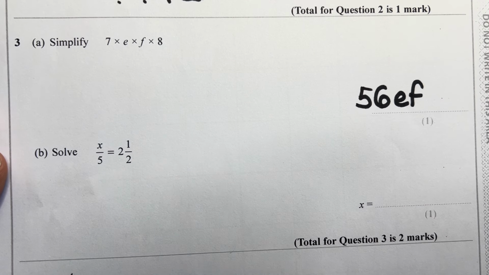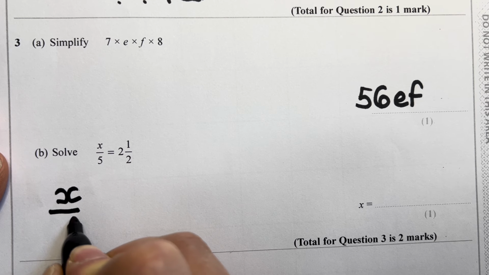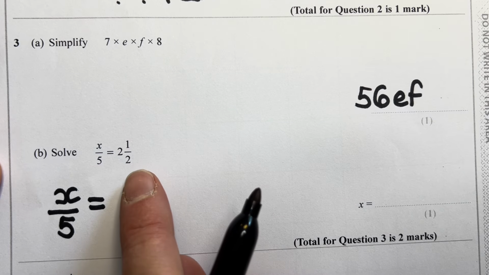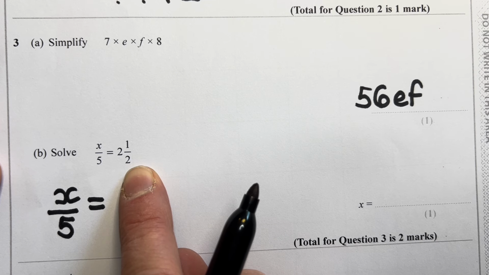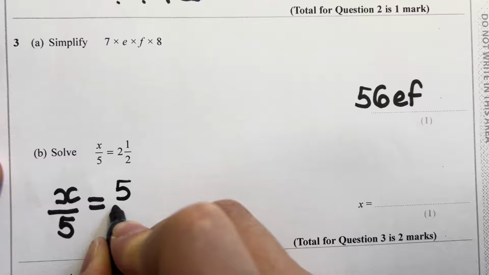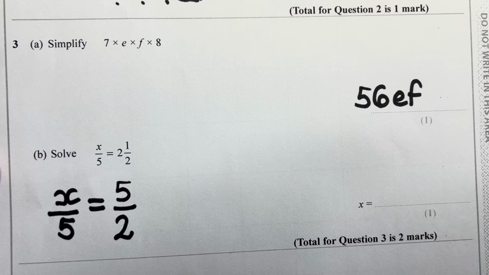In part B, we have x over 5 is equal to 2 1/2. First of all, I'm going to change this mixed number into an improper fraction. I know there are 2 halves in every whole, so there will be 4 halves in 2 wholes. So altogether, I have 5 halves. To find x, I must multiply both sides by 5.